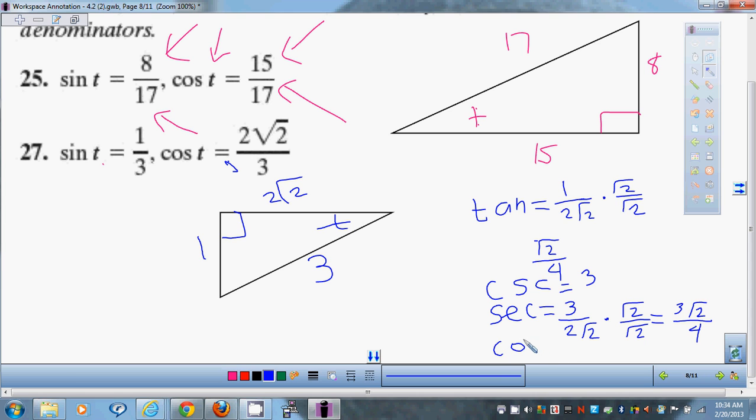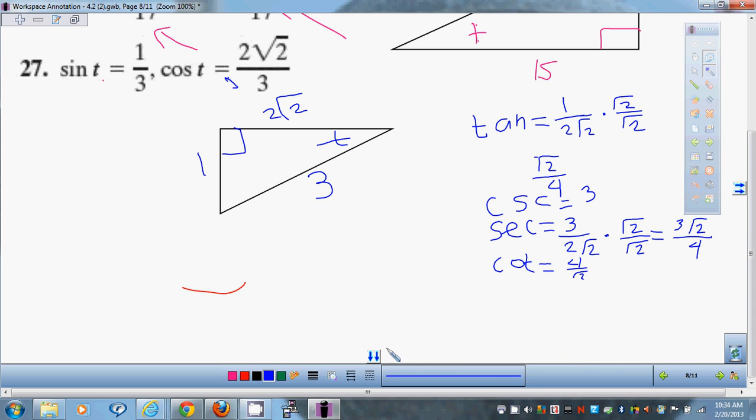Just flip this and count. Well, that'll work too. Here, give yourself more space. Hit the arrow. Number 2.